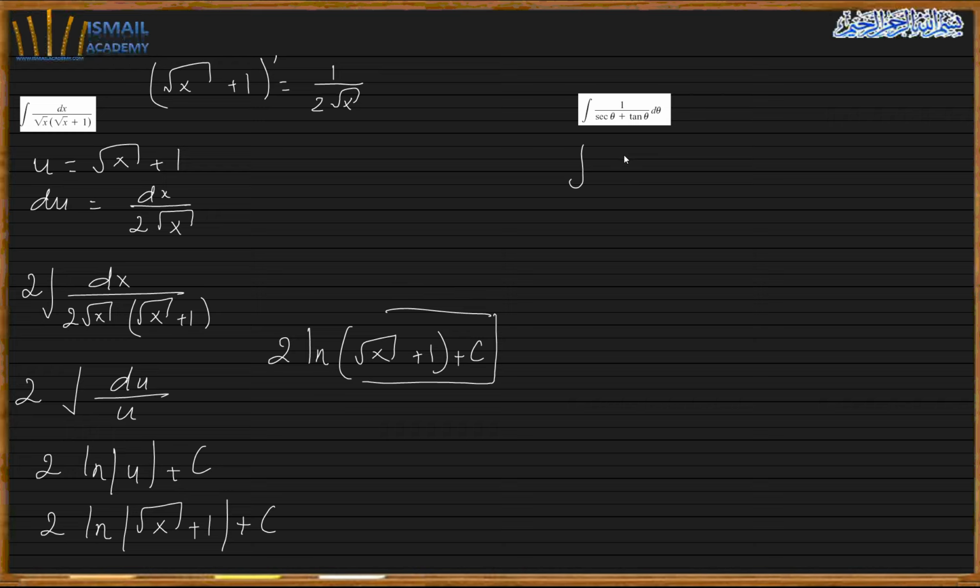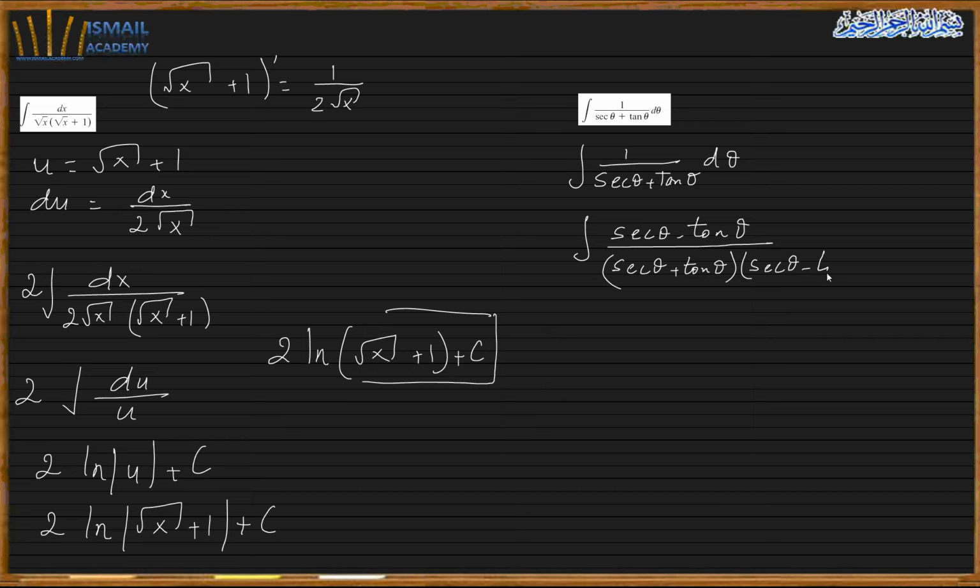So if I have 1 over secant theta plus tan theta d theta, if I multiply by the conjugate on the top and the bottom, I will have secant theta minus tan theta over secant theta plus tan theta times secant theta minus tan theta d theta.